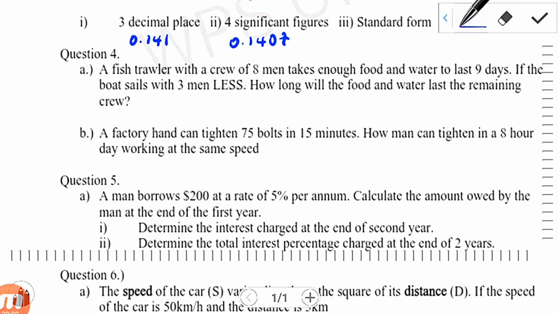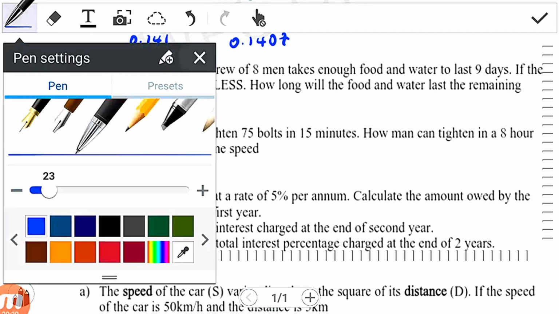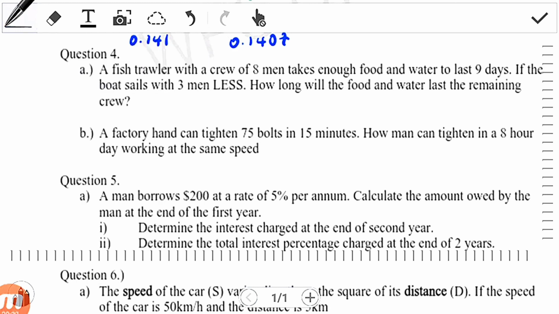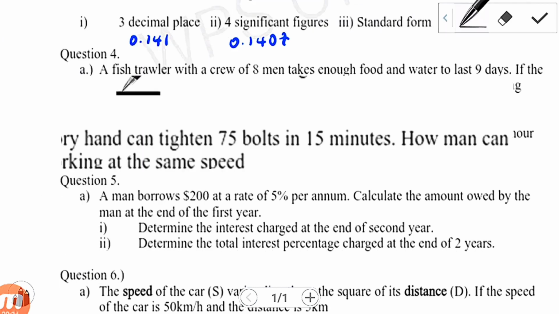Now I did encourage my students that you have to be able to differentiate between direct proportion and indirect proportion. And just for the purpose of learning, I did explain to the majority of my students that when it comes to direct proportion, if one quantity increases, let's just write that down, direct proportion, if one quantity increases in value, then the other one also increases in value.